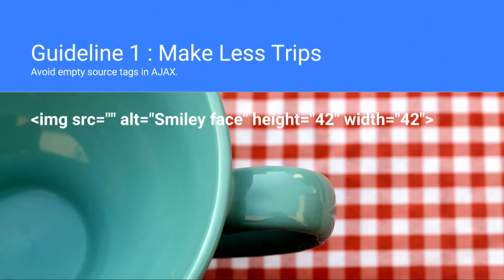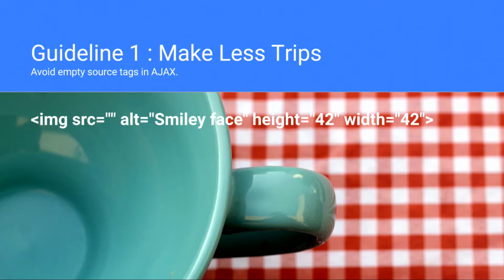Next tip: avoid empty source tags. A lot of people now are doing some interesting things with images. A good example is what I was just doing, where I'm building responsive images that will change shape, and I was using a sprite so they're all in one. If you leave the source attribute empty on an image right here, everything seems to work fine, but the browser makes a request for the same directory as the file that it's contained in.